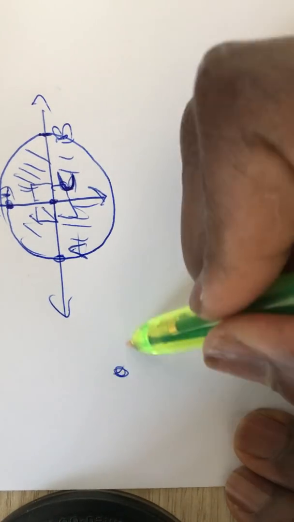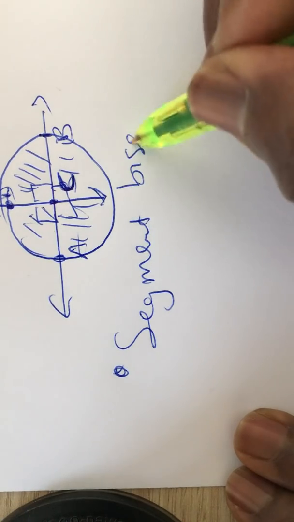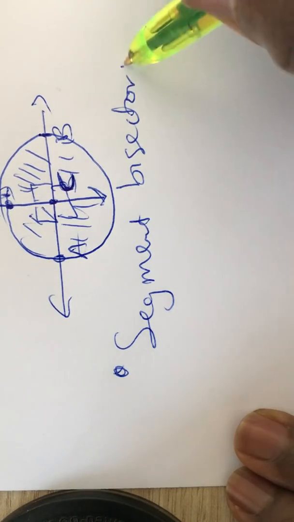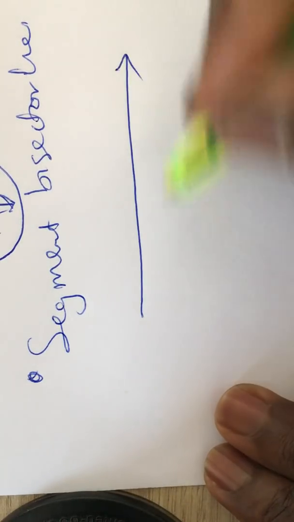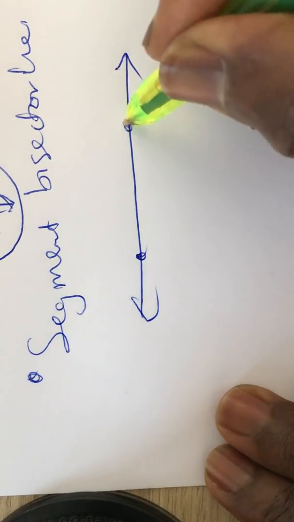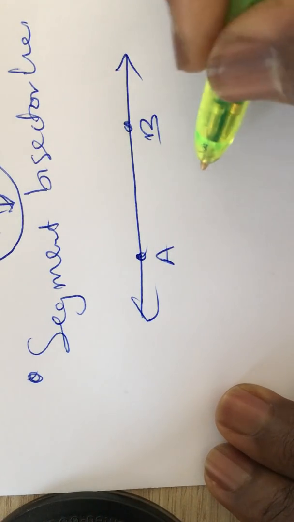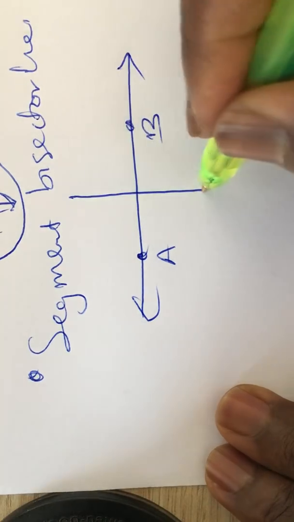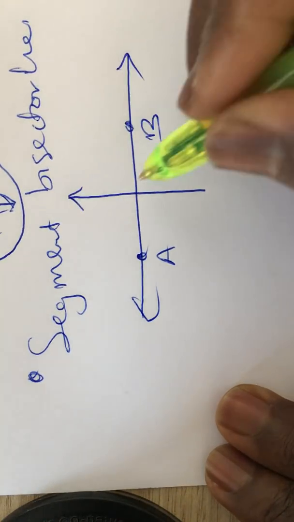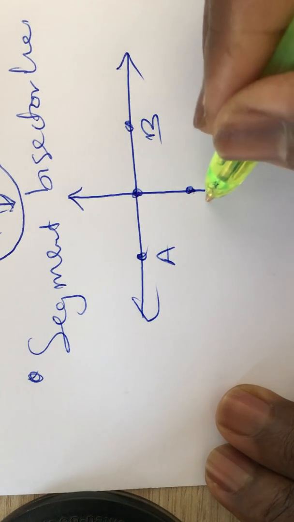And then we have the segment bisector. For the segment bisector line, you can think of any line segment like this with the points A and B on it, and the segment could be bisected by either a line or a ray. For example, we can have another line there at this point, and a point will be there.